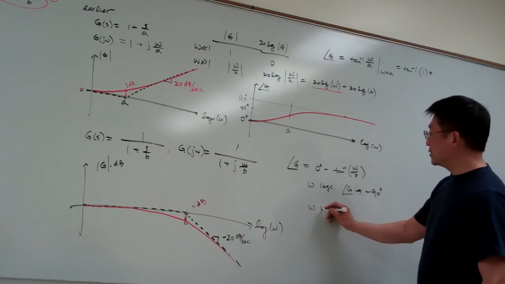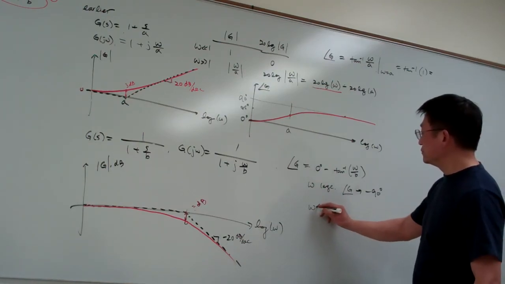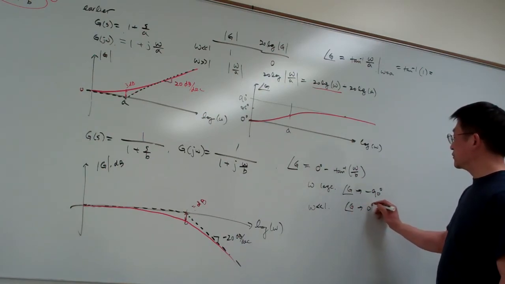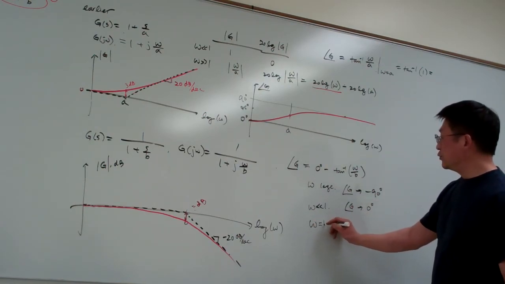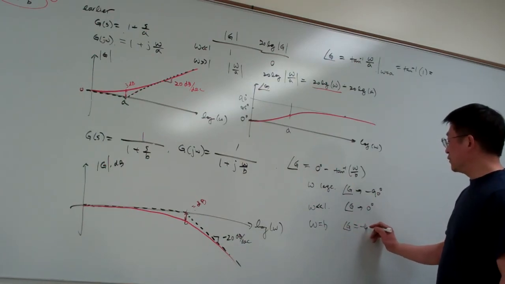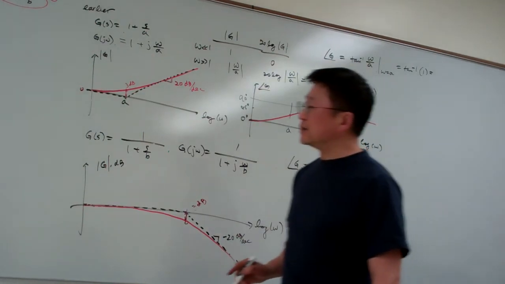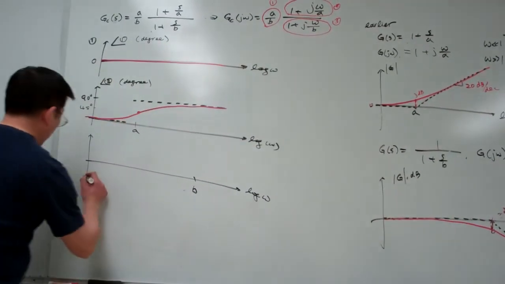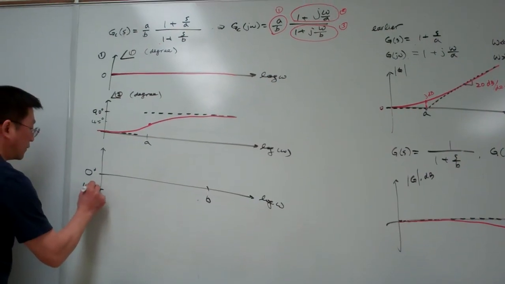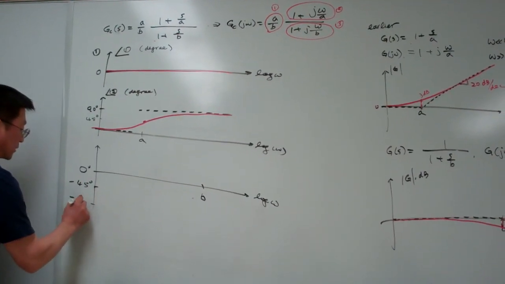When omega is small, G is basically equal to 0 degrees. When omega equals B, G equals minus 45 degrees. So from here again we have 0 degrees, minus 45, and minus 90 degrees.